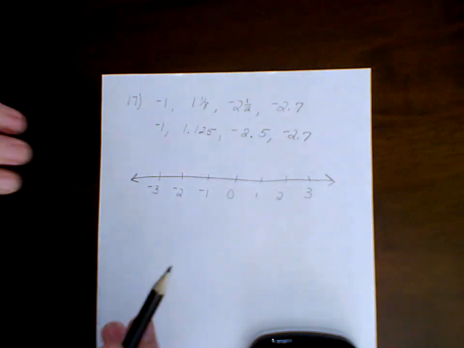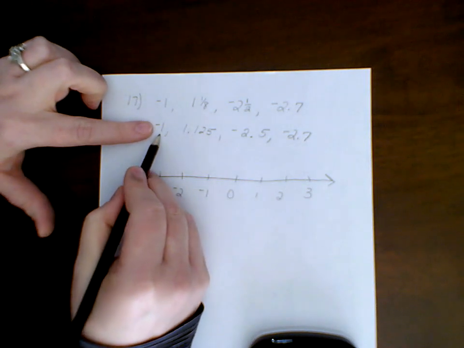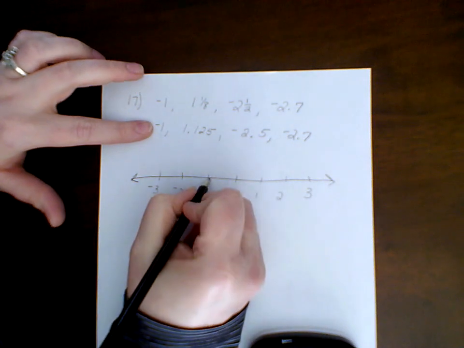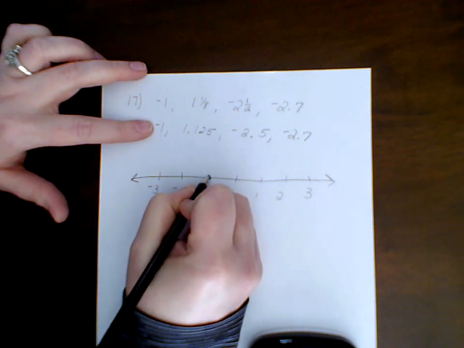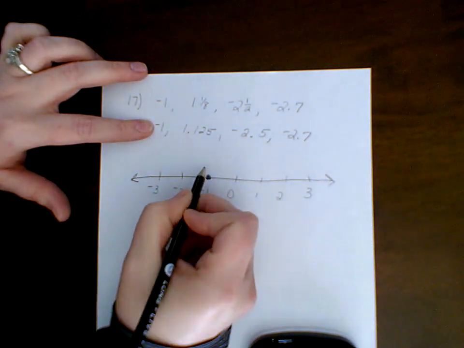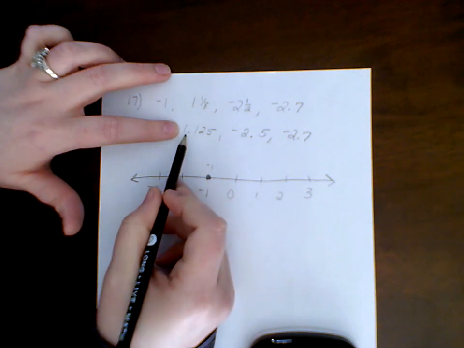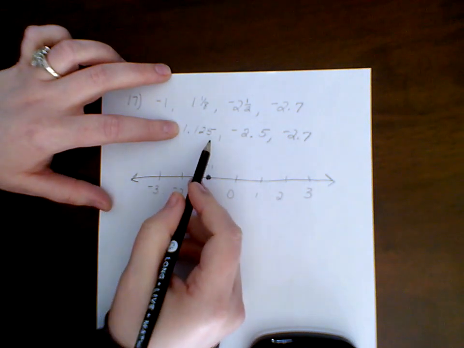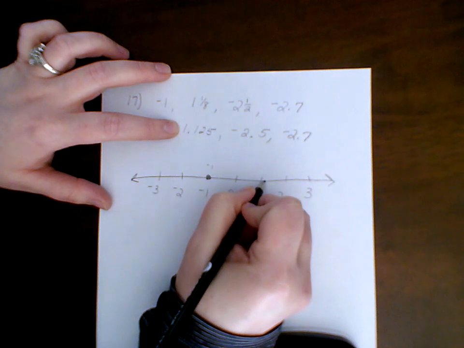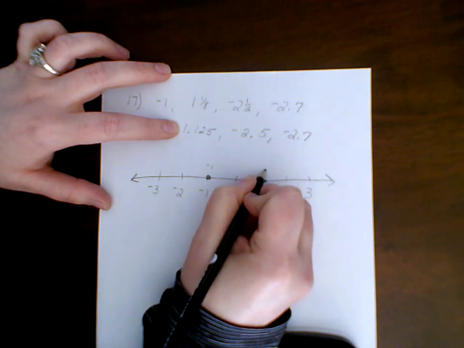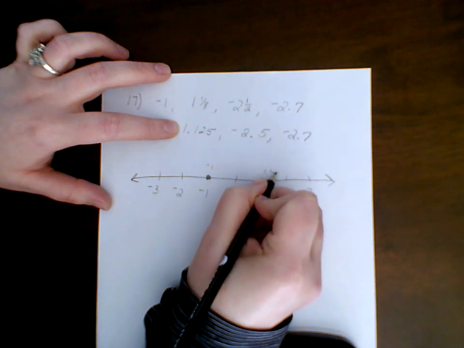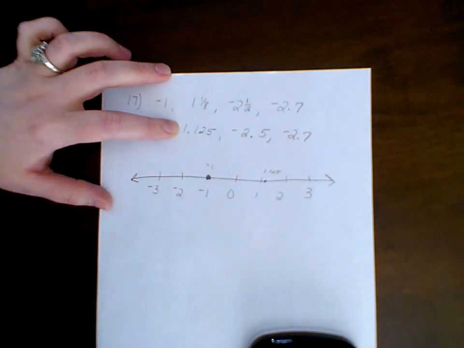So setting that aside, I'm just going to plot my numbers. So I've got -1, 1.125. So it's a little ways past 1. Probably right there-ish. 1.125. Just so I can remember, it makes it a little easier.